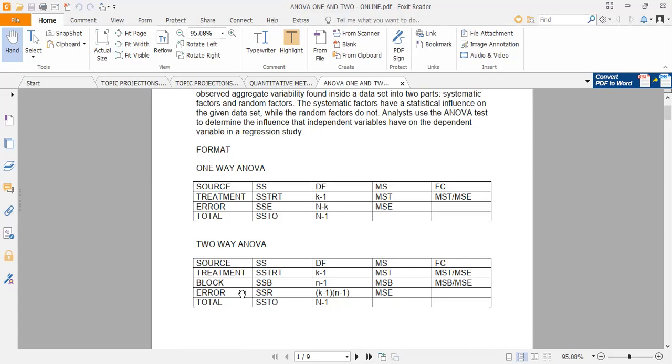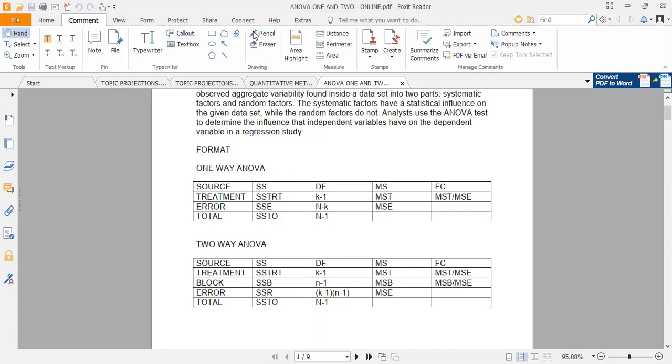A two-way ANOVA is slightly different because amongst the sources of variation, we have one component, which is a block. This is what makes it distinctive. So we have treatment, block, error, and total.